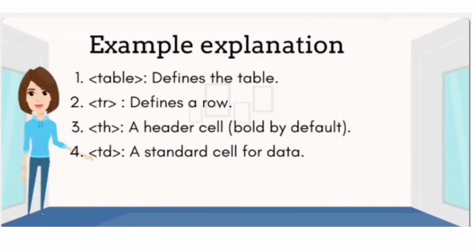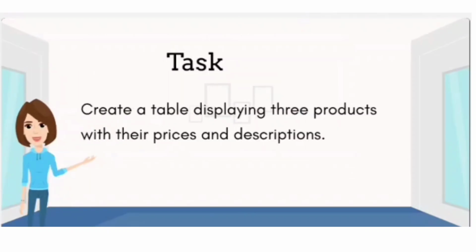Detailed example explanation. Table tag defines the table. TR tag defines a row. TH tag defines a header cell. TD tag defines a standard cell for data. Create a table displaying 3 products with their prices and descriptions.